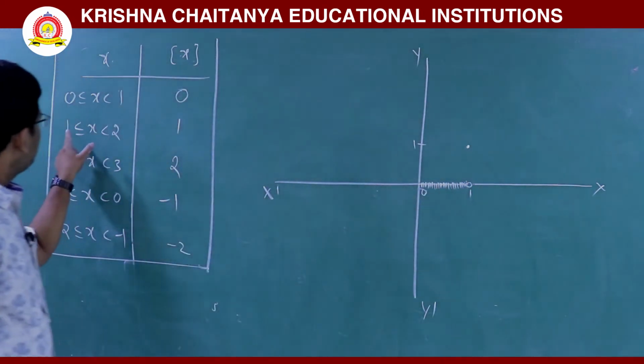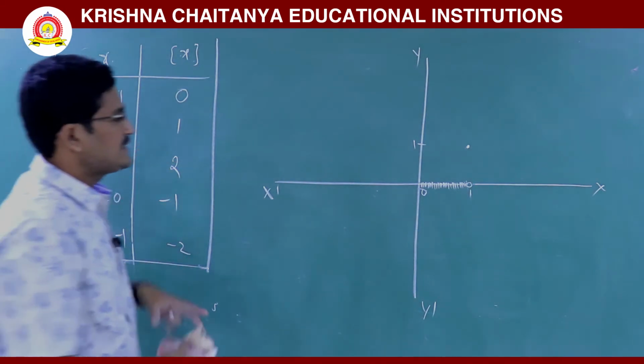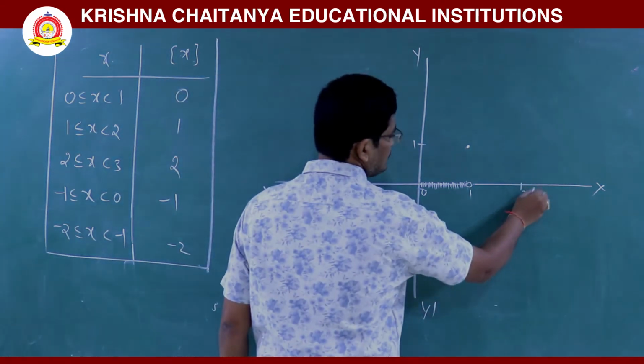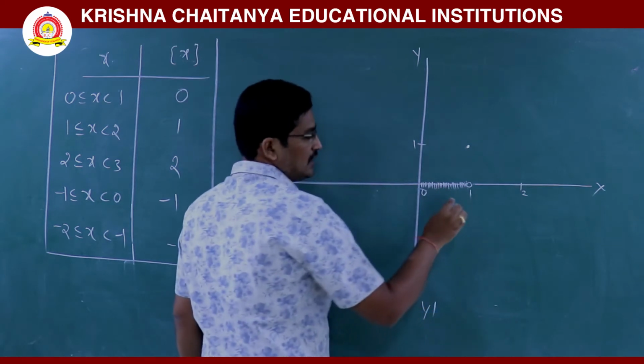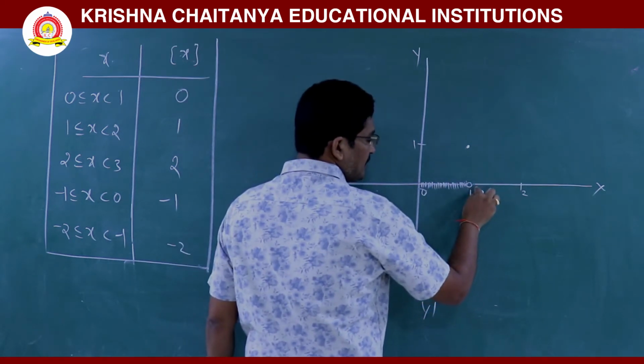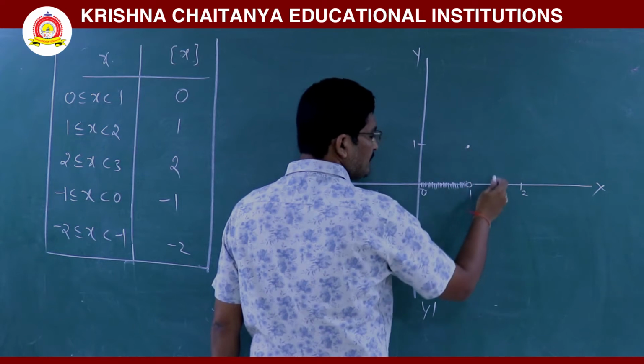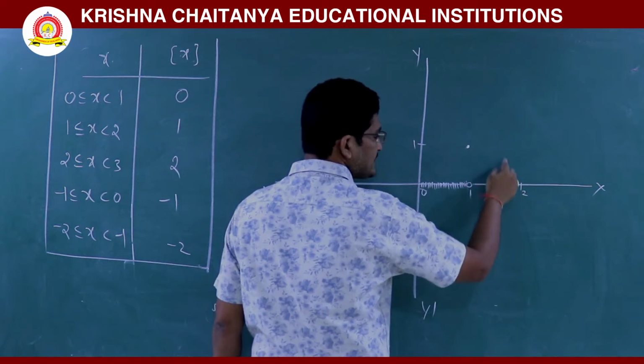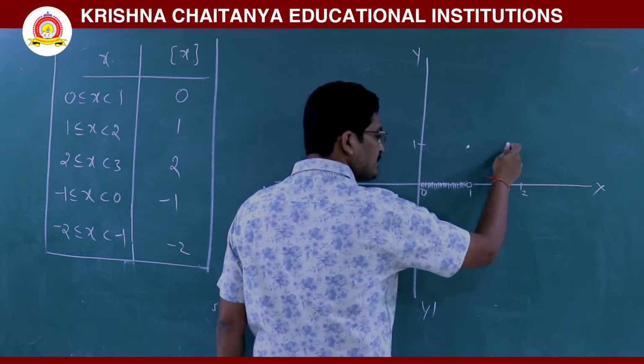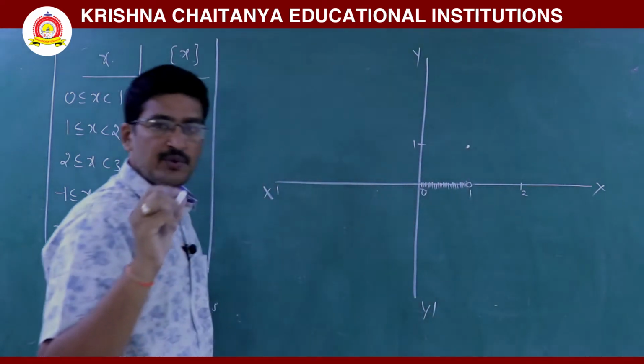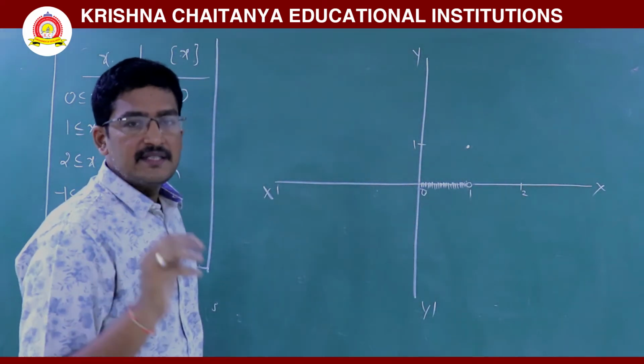If x lies between 1 and 2, then step x is 1. So up to 2, not at 2. So 1.1 step is 1, 1.5 step is 1, 1.6 step is 1, 1.9 step is 1, 1.999 step is 1. But at x equal to 2, it's not 1.